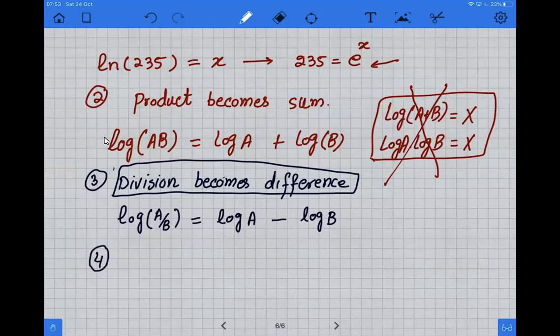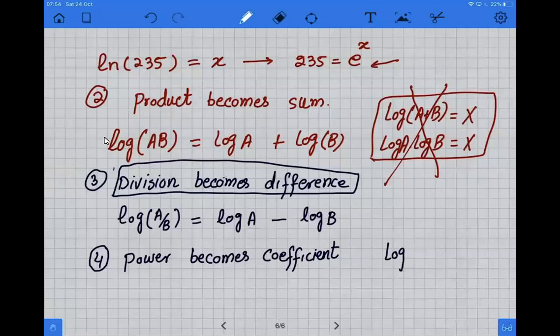Fourth rule for log is power becomes coefficient. This rule is basically if you have log of p power n, then it will become n log of p. The power in log becomes the coefficient.